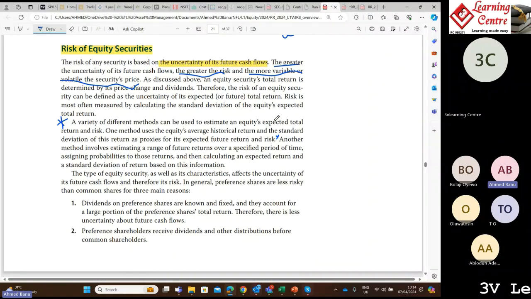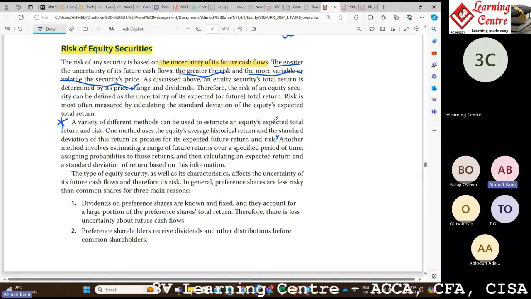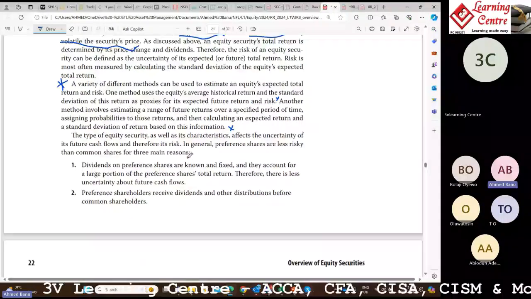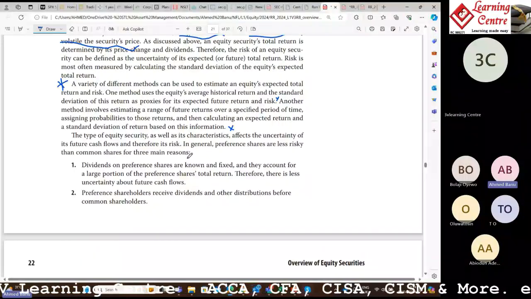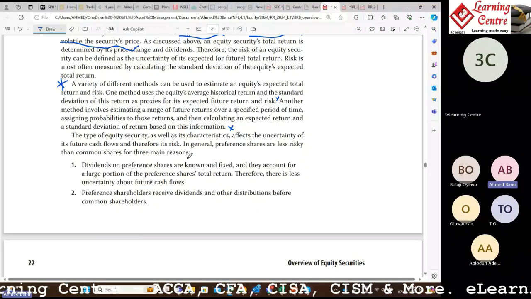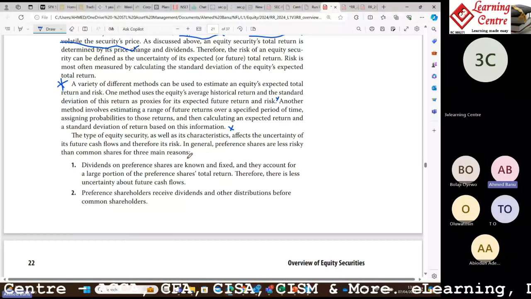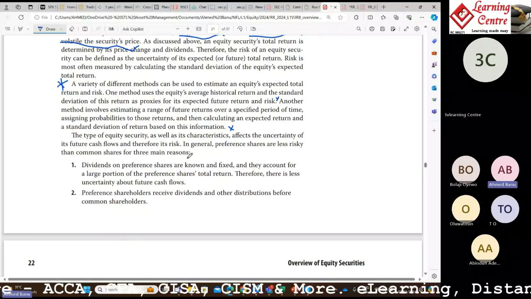Another method involves estimating a range of future returns over a specified period of time, assigning probabilities to those returns, and then calculating the expected return and standard deviation of it. So it depends on what you look at. The type of securities as well as its characteristics affect the uncertainty of future cash flows and therefore risk.